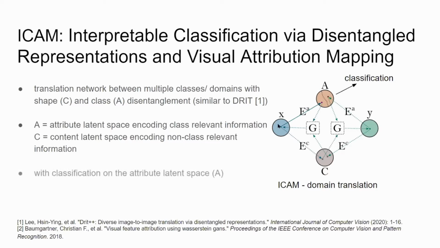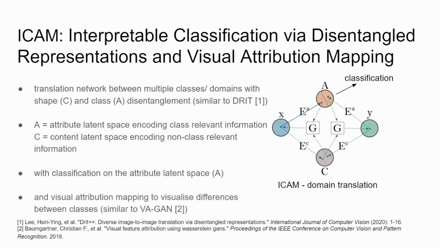In addition, there's a classification module on the attribute latent space, which allows the space to be separable, but you can still interpolate between and within classes since it's a shared space. We use the translated images to generate a visual attribution map, or a difference map, between two specific inputs.